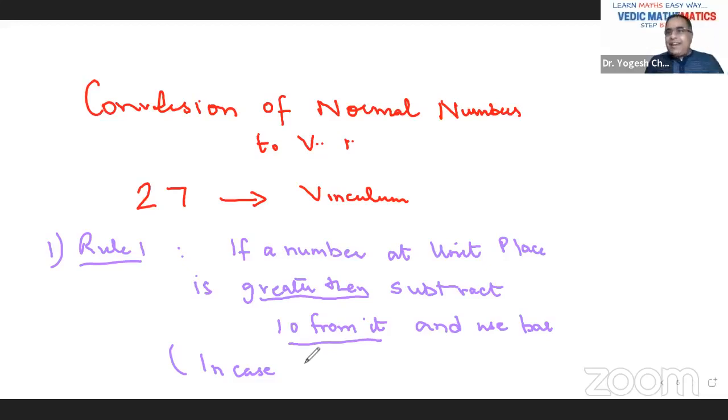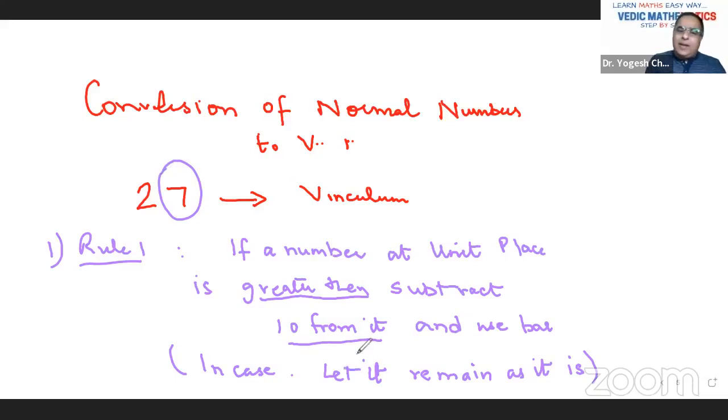That means if it is less than or equal to 5, then let it remain as it is. Now this means if at the unit place instead of 7 it was 2, 1, 0, 3, 4, 5, let it remain the same.